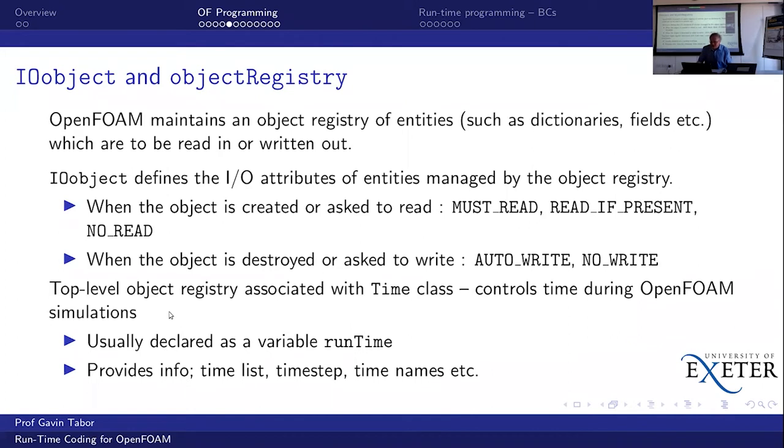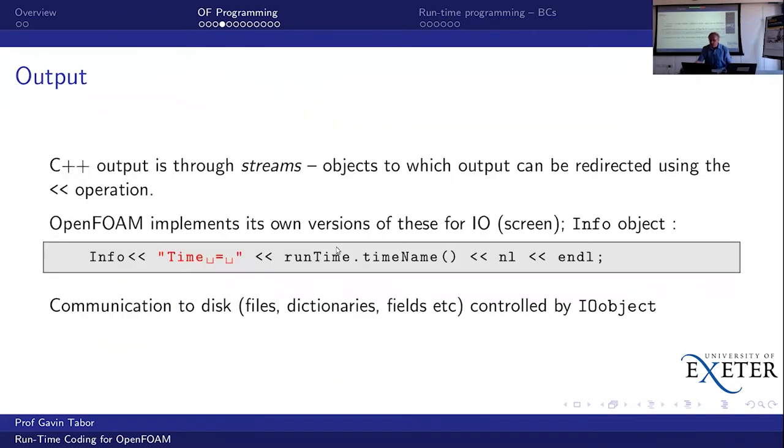object registry is associated with the time class, and each program has an instance of time. It's usually called runTime. This controls the time stepping during the OpenFOAM simulation, and you can query it in what is the standard C++ method to provide information. If I go back a slide now, that's exactly what I've done here.